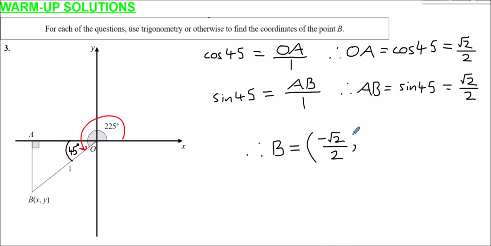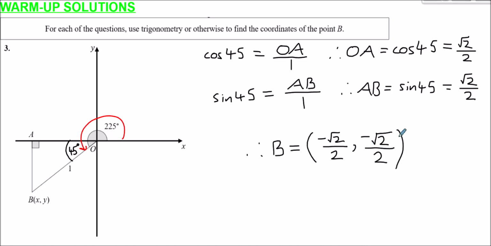And in exactly the same way for the y-coordinate, the magnitude of the y-coordinate will be root 2 over 2, but because here you can see that y is clearly negative, because this lies below the x-axis, the y-coordinate of B here will be minus root 2 over 2 in exactly the same way.